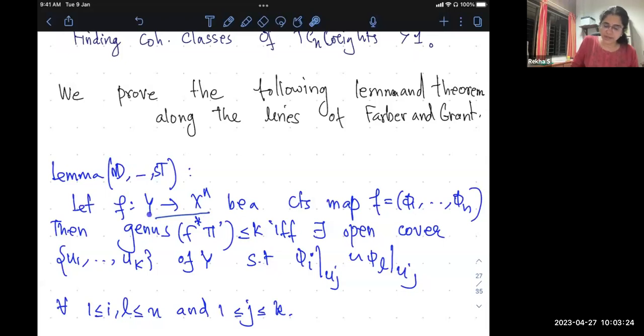So given any continuous map f from x to the n, it is given as an n-tuple. And we show that the genus of f star pi is less than or equal to k if and only if we can find an open cover on which all these maps agree. Okay, any pair of these maps will agree.